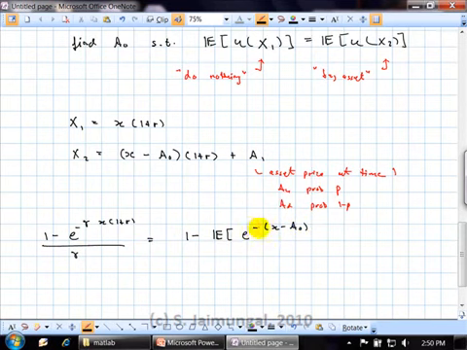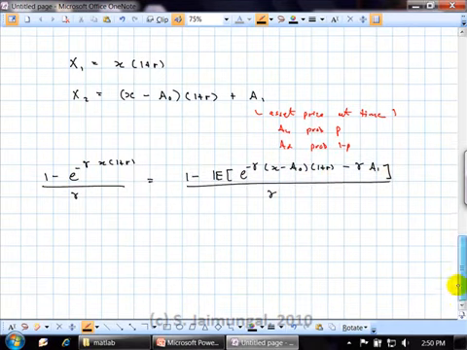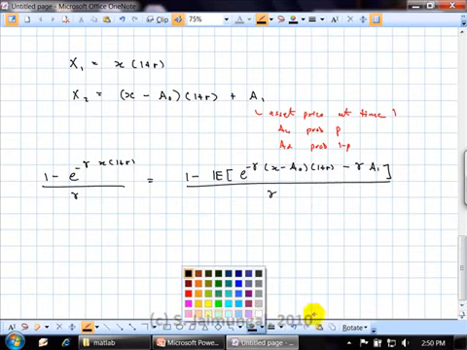We'd have e to the minus gamma times that times 1 plus r minus gamma times A1. And this whole thing is being divided by gamma. So of course, like we said before, gamma just in the denominator just cancels out. The 1, in fact, even just cancels out. The minus sign cancels out. And there's a couple of other nice cancellations.